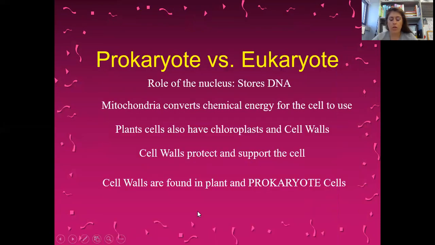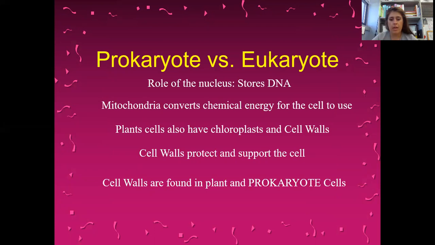And then I'm just going to go over a little bit more in depth about the test. It is all multiple choice, and it ranges depending on the class you're in from 20 to 25 questions. You will need to know the difference between prokaryote and eukaryote cell, knowing that prokaryotes have no nucleus, a eukaryote does have a nucleus. Know that the role of the nucleus is beyond being the control center, it also stores our DNA.